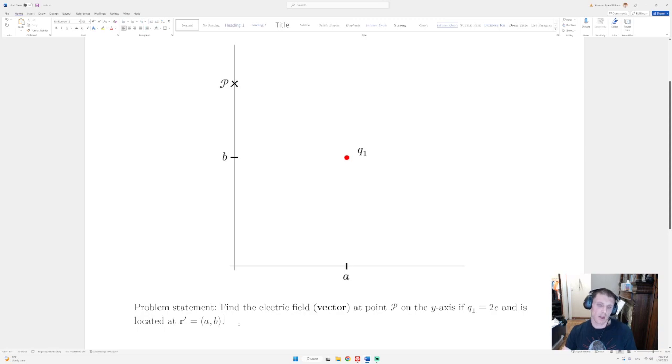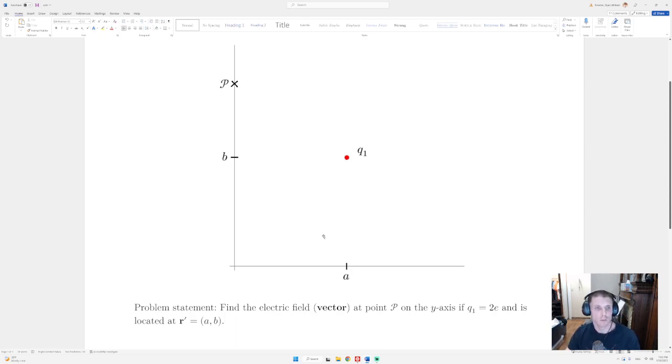The idea is that this R prime is going to tell us the position of the source charge. Remember, this Q1 is a source charge because it's the source of an electric field that is located at P. Now, the electric field is technically everywhere due to this charge, here and here and here, wherever you could put a point down.